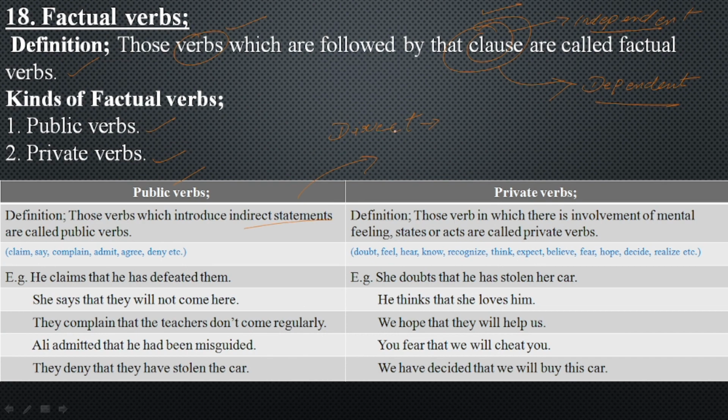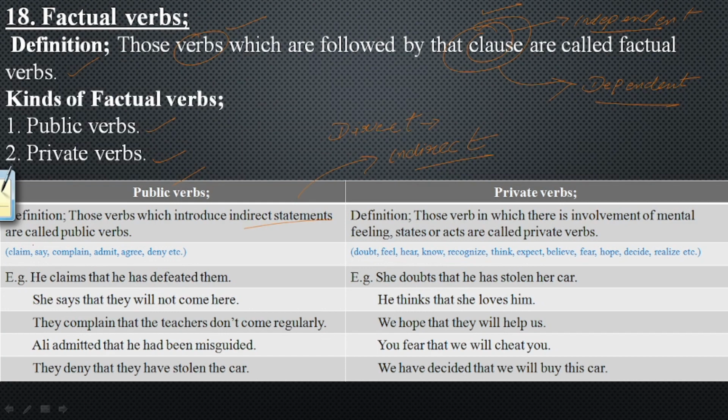Now this is direct, and here we change it into an indirect statement: he claims that he has defeated them. In indirect speech, we change the actual words of the speaker into our own words. So the public verbs are those verbs which introduce indirect statements.